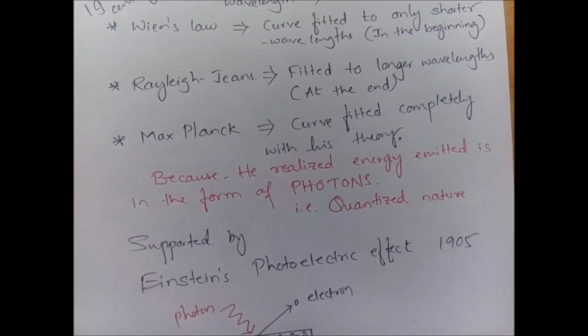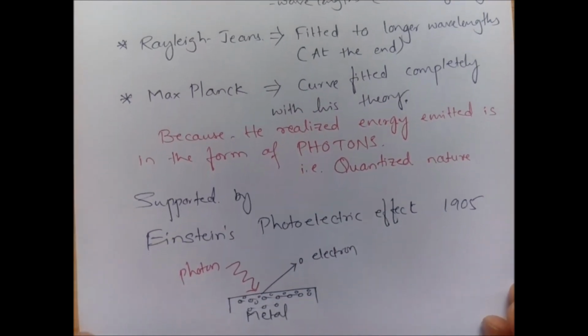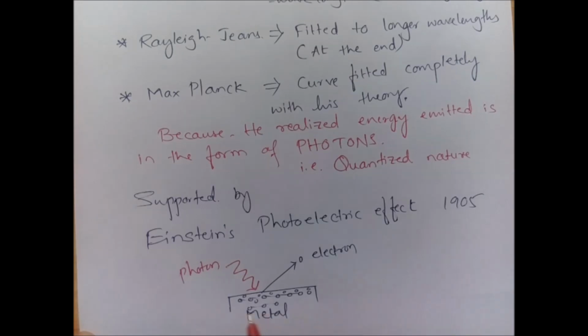And further, in 1905, it is evident by Einstein's photoelectric effect. For this invention, he got the Nobel Prize in 1905. And what he said is, when a photon hits a metal surface, and we know that in a metal there will be free electrons, that's why the metal conducts electricity. So when the photon hits the surface or the electrons, an electron will eject.